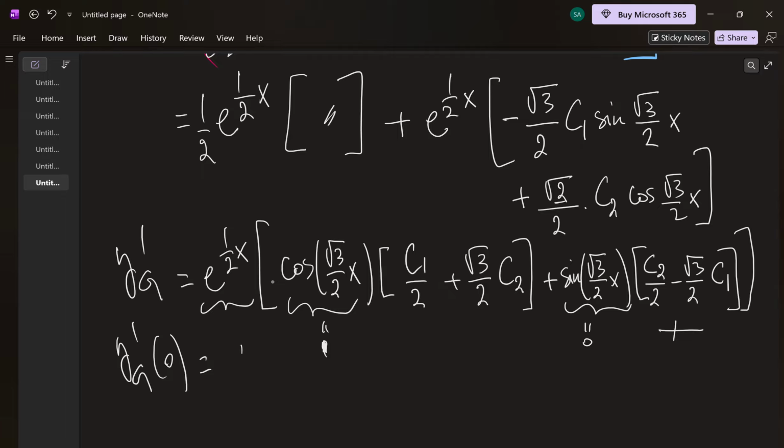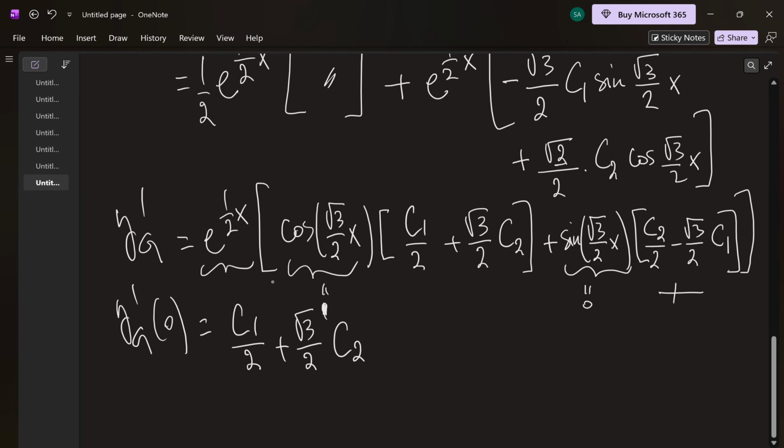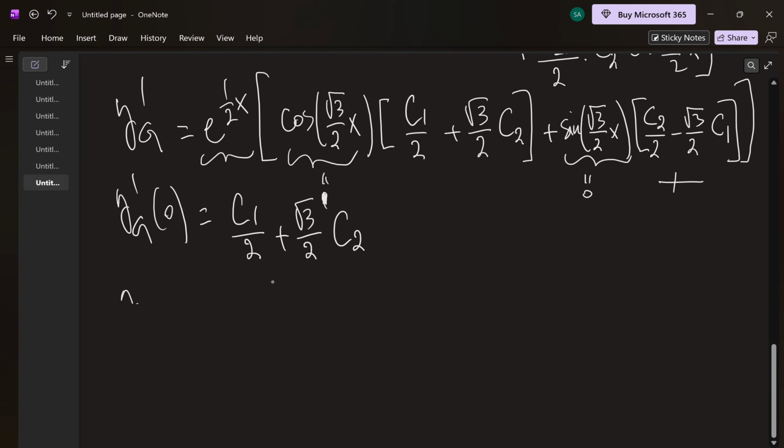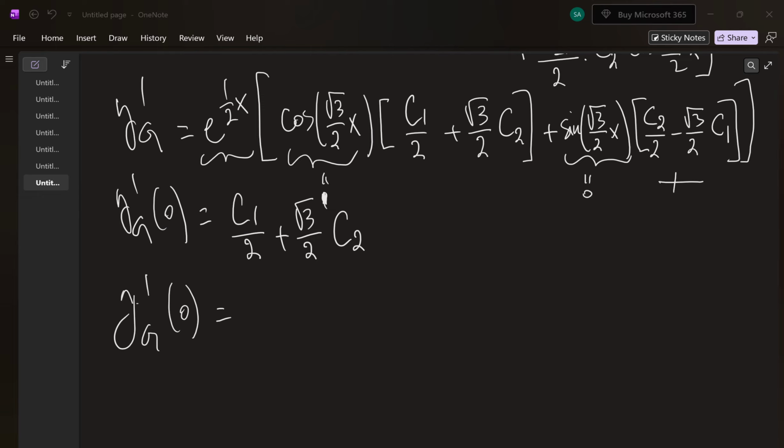What remains is 1 times 1, so this is indeed equal to C1 over 2 plus the square root of 3 over 2 times C2, and we have that y, sorry, the general solution prime at 0 is equal to 2.